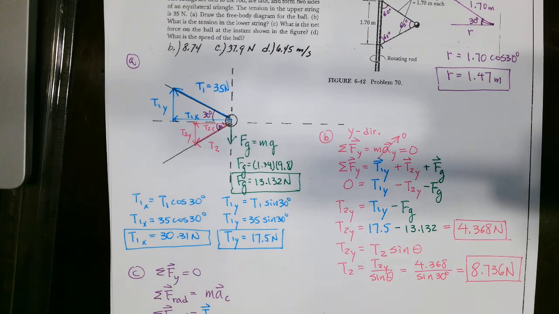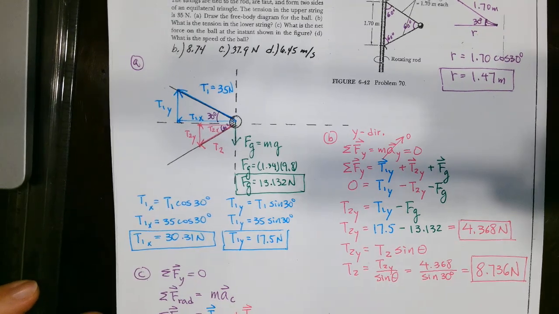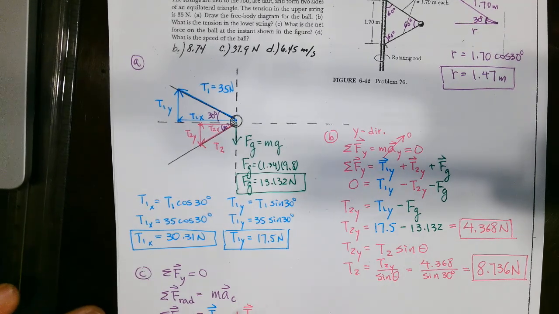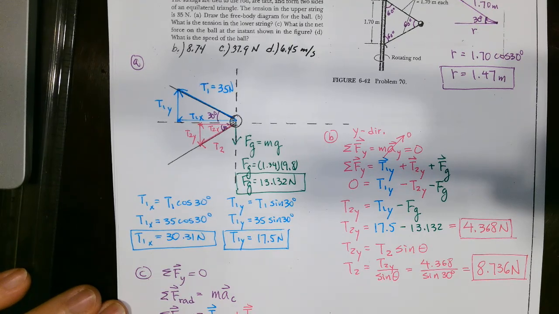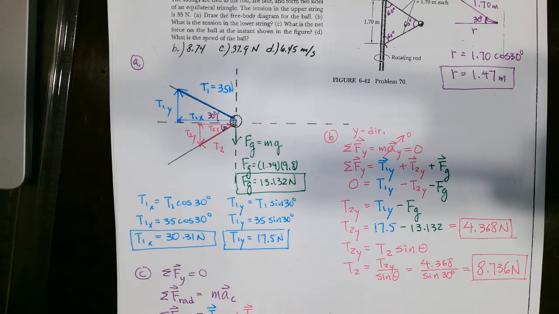So T1x plus T2x are the only two forces. Now obviously we're looking for m a_c, the net force in the radial direction, which is equal to T1x positive plus T2x also positive.